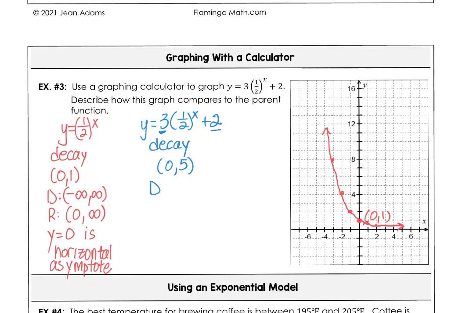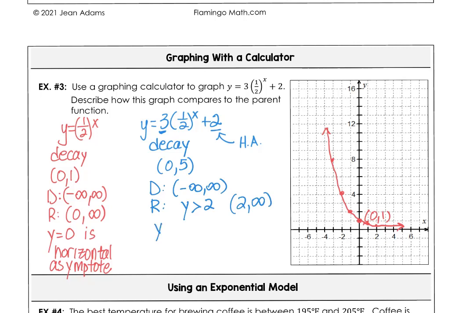y-intercept. And the domain is still going to be all real numbers, but the range would be everything greater than this k value. This is going to create my horizontal asymptote. So we're going to have everything above 2, or if you want to write it in interval notation, from 2 to infinity.